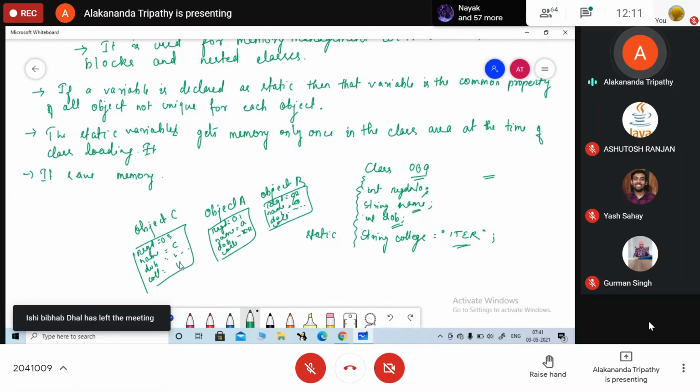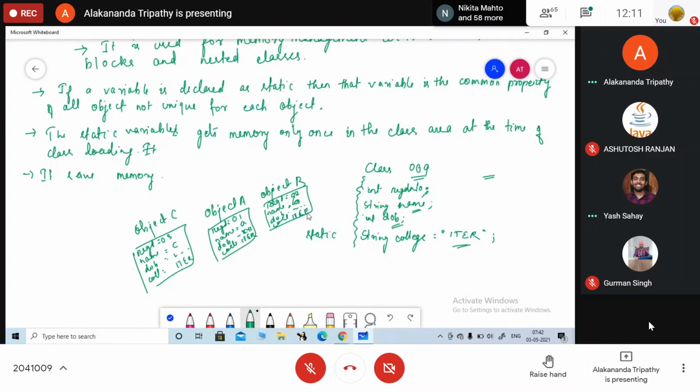But what is the college for everyone? What is the college name here? ITER. All are the same college name.